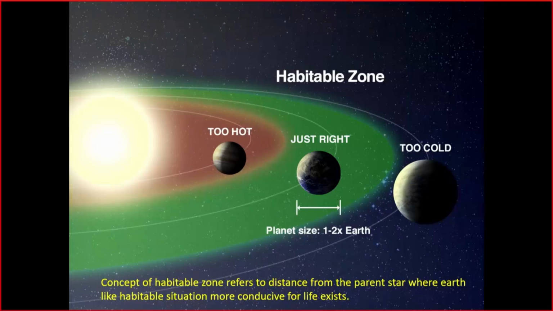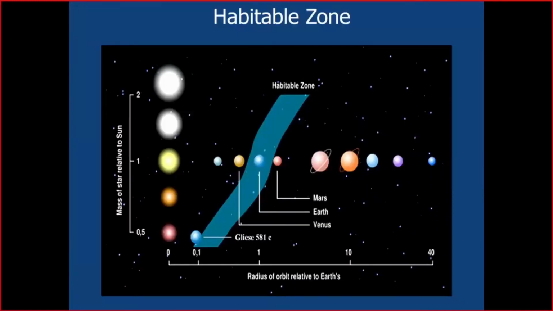So it is a zone where this conducive environment of temperature and atmospheric composition exists, which is a function of the star as well as the distance of the planet.